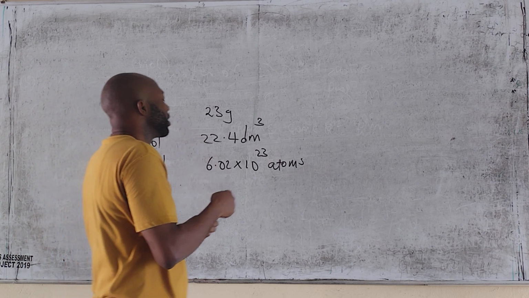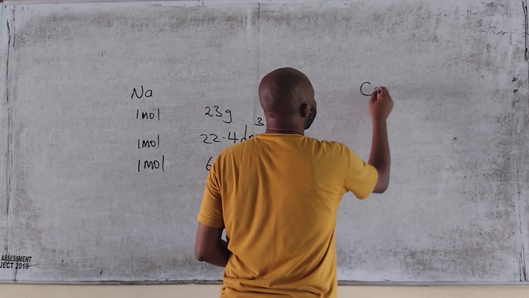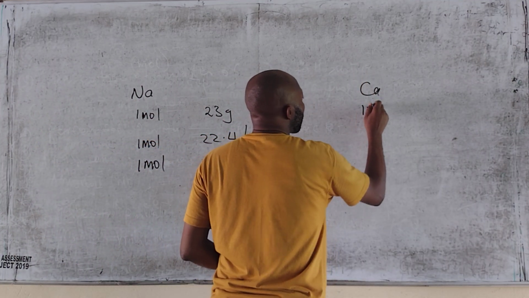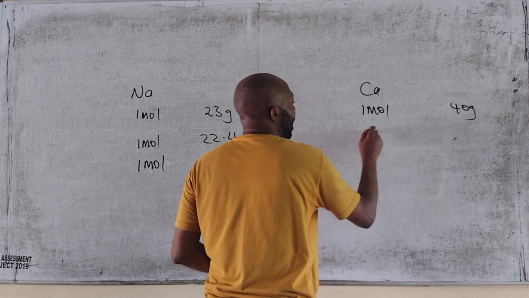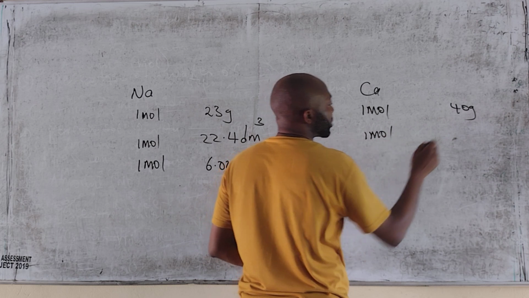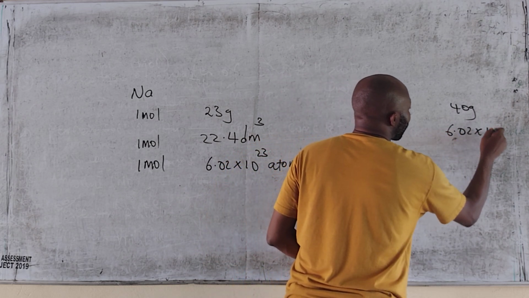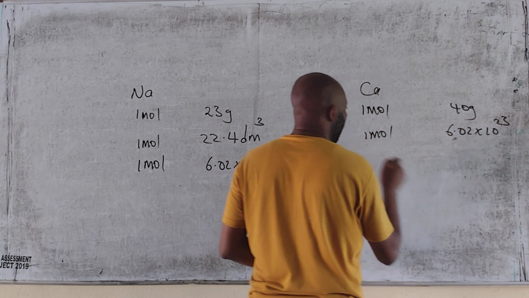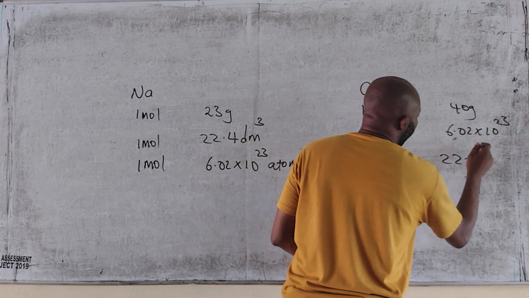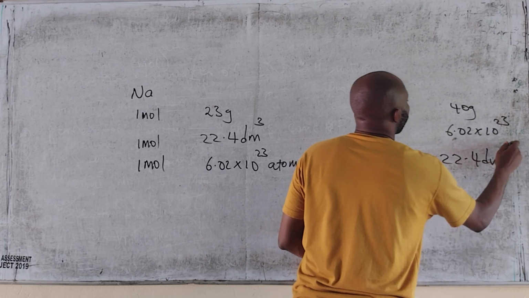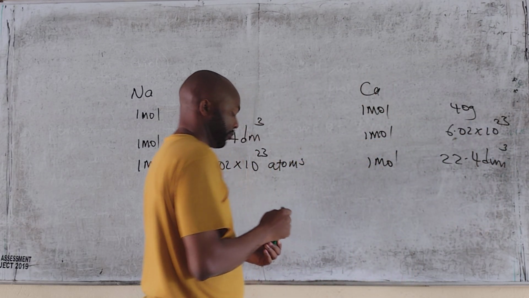This equivalently will be the same thing if I'm dealing with calcium. 1 mole of calcium is equivalent to 40 grams of calcium, and the same thing as 1 mole of these is equivalent to 6.02 times 10 raised to the power 23 atoms, and 1 mole of that is equivalent to 22.4 dm cube of calcium.